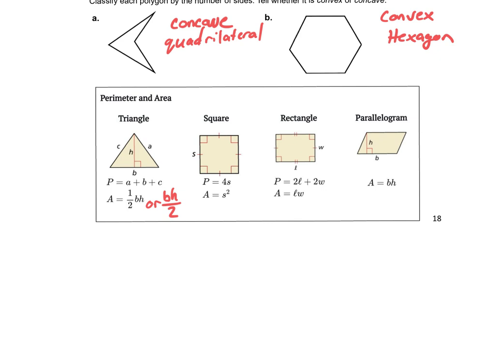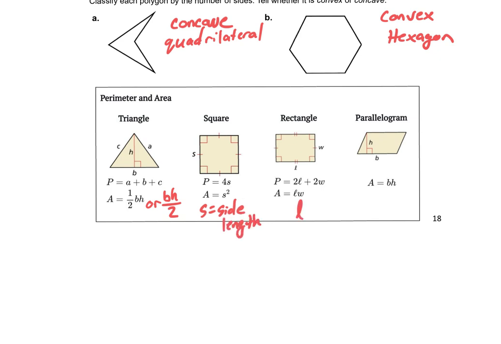It's not wrong to do 2L plus 2W, that would still be okay, but we don't necessarily have to because we only have one side length. And that's what the S stands for here. Maybe it might even help you to say S is the side length.